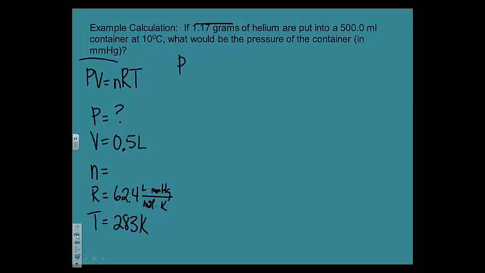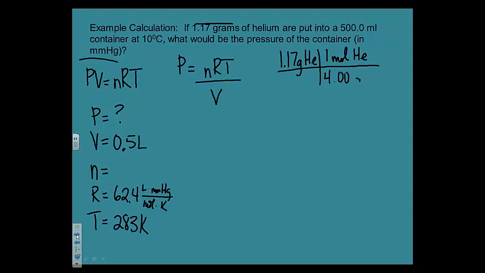So P equals nRT divided by V. In this case I'm given mass, so we've got to find the number of moles. I start with 1.17 grams of helium. Look on my periodic table. I know that if I had 1 mole of helium, it would contain 4.0 grams.